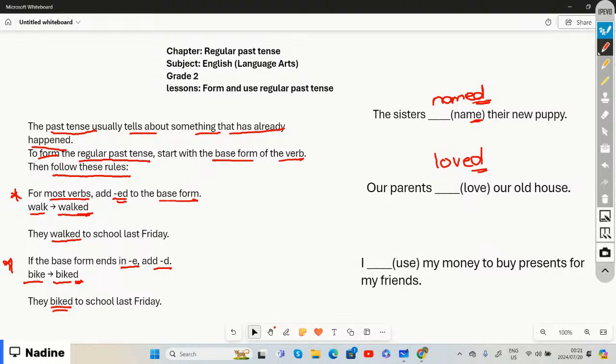And then the last one says, I use my money to buy presents for my friends. Use is our base word. We now need to change that base word into the regular past tense.